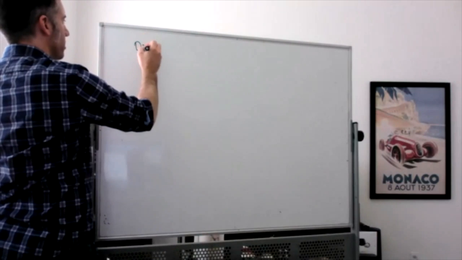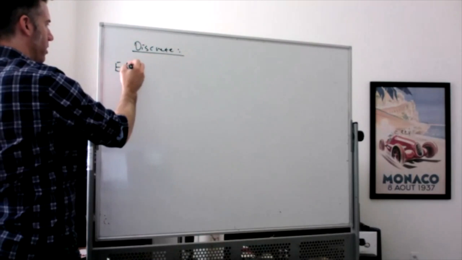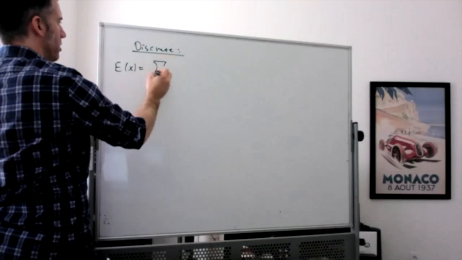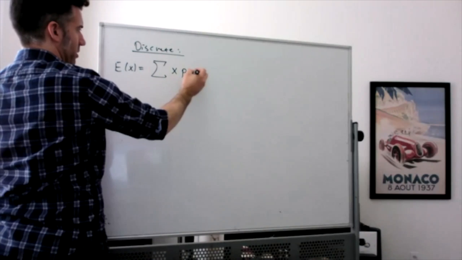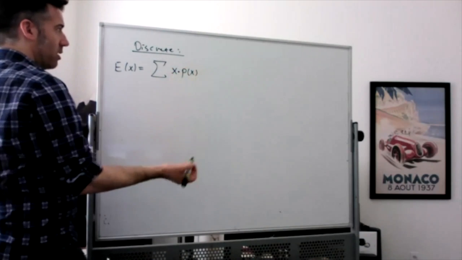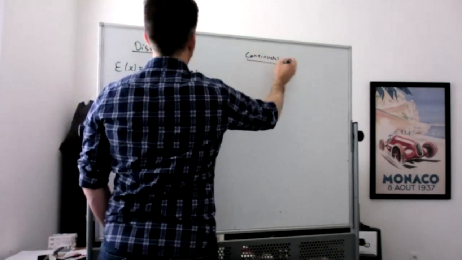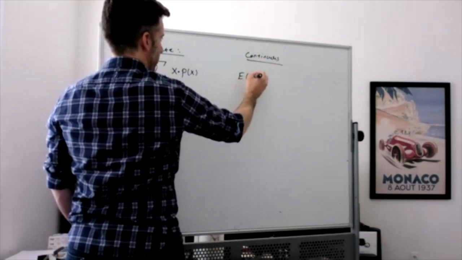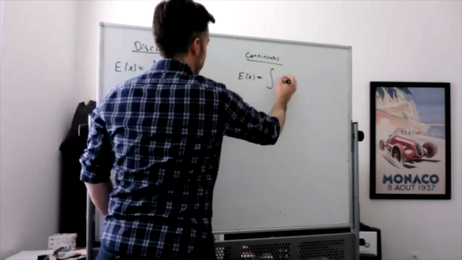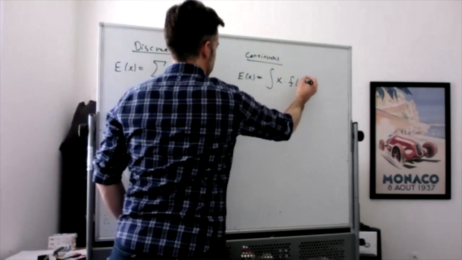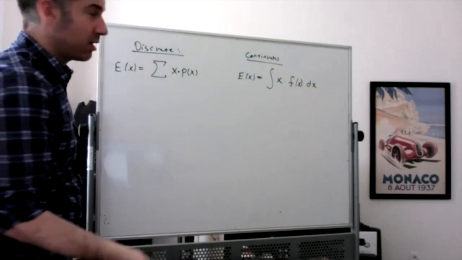For discrete, our expected value formula is the sum of all the values times their probabilities. And for the continuous, it's the same idea, really. The expected value is the sum of all the values times their probabilities. We're just calling the probabilities f of x instead of p of x.